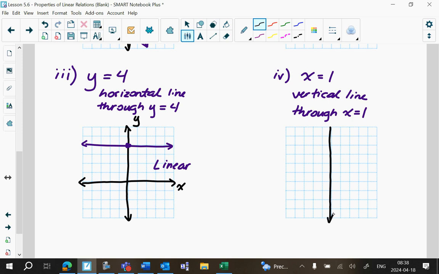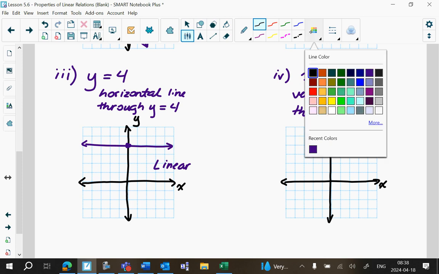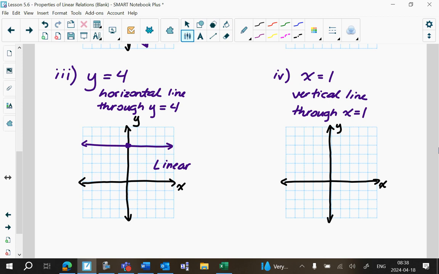So all we have to do is find a point on the grid where x is 1, and we can do 1, 0, and then we draw a vertical line through it. Linear? Yeah.